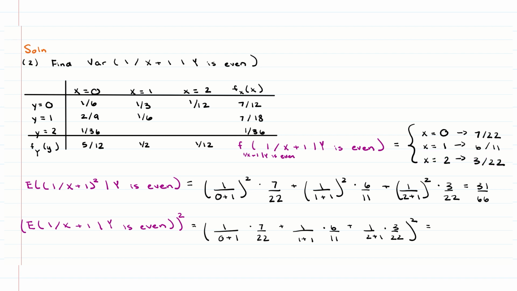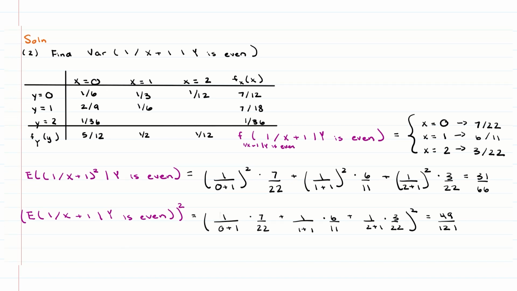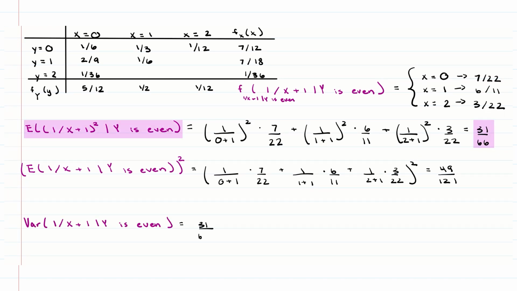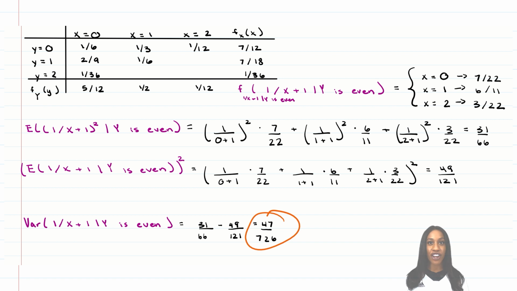And this simplifies down to 49 over 121. Our last step is to subtract these two pieces to get our conditional variance. So that'll be 31 over 66 minus 49 over 121. And that'll give us 47 over 726. And there you have it. We have found our conditional variances.